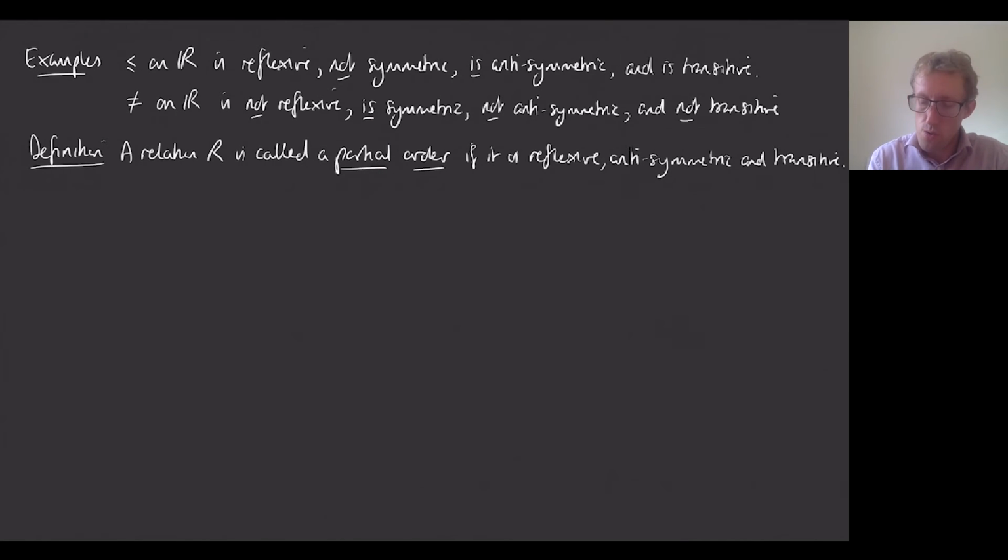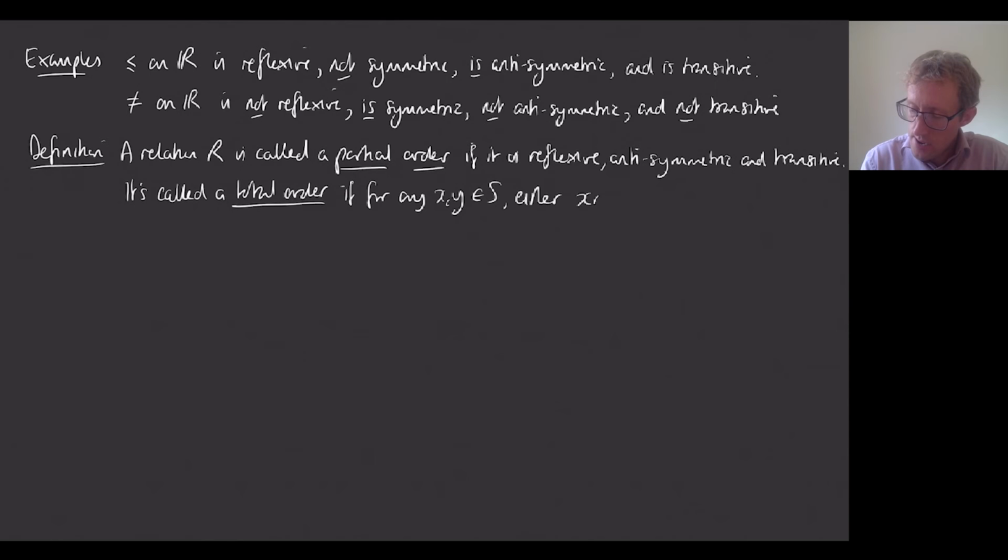And it can lead to an ordering. It's called a total order if, in addition to that, for any x and y in the set, either x is related to y or y is related to x.